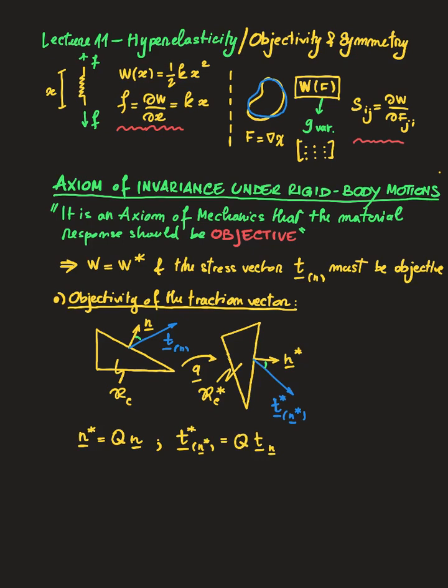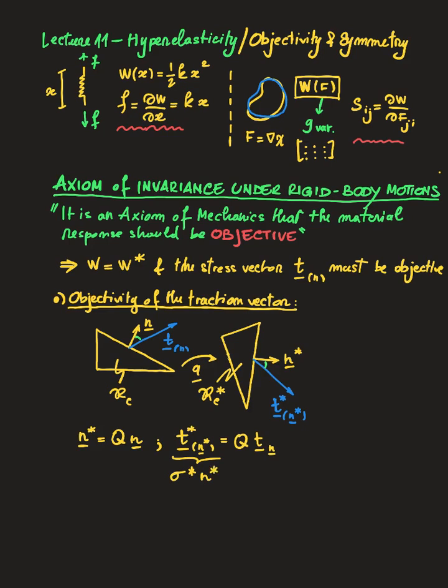First of all, I want you to remember that through the Cauchy theorem, we know this last expression. Let me write it below. For the left-hand side, by Cauchy's theorem, this is equal to the Cauchy stress tensor in the rotated configuration applied to the rotated normal.